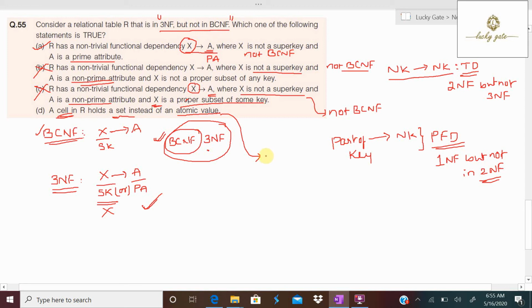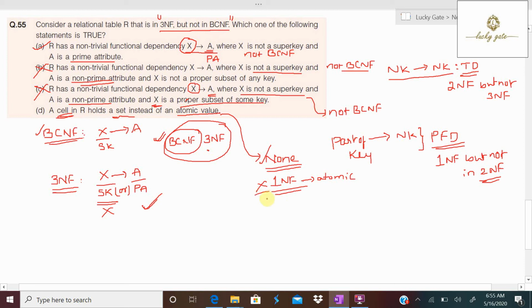Since it is not containing atomic values, it does not belong to any normal form, not even the first normal form. Even 1NF requires atomic values, so we call it not 1NF. It is simply none of the normal forms.